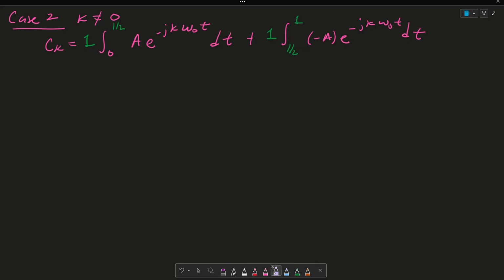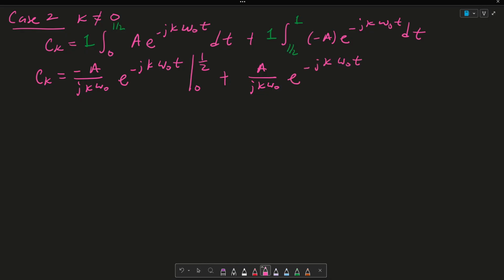So we can definitely go ahead and do this integral. And we see then that c_k just basically becomes minus A over j k omega naught e to the minus j k omega naught t evaluated from 0 to 1/2, plus positive A over j k omega naught e to the minus j k omega naught t evaluated from 1/2 to 1.